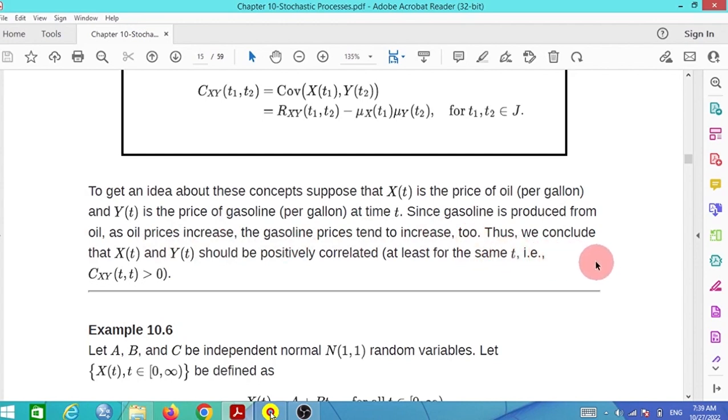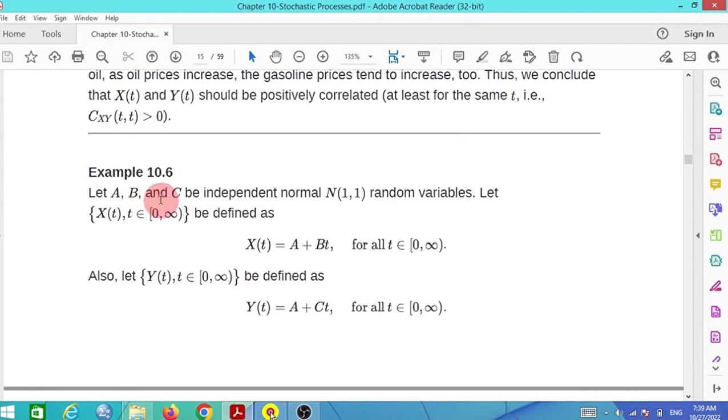Thus, we conclude that xt and yt should be positively correlated, at least for the same time. That is, the value of the covariance function must be positive. See example.